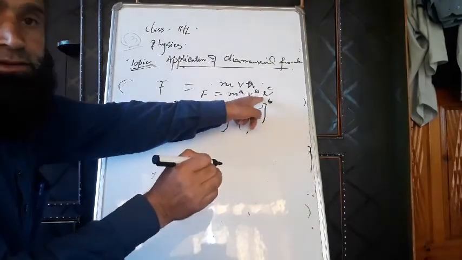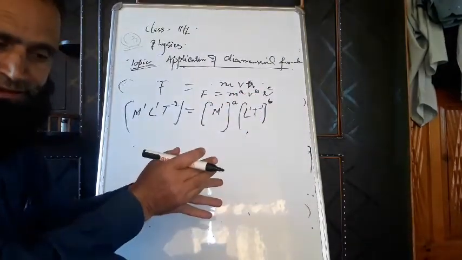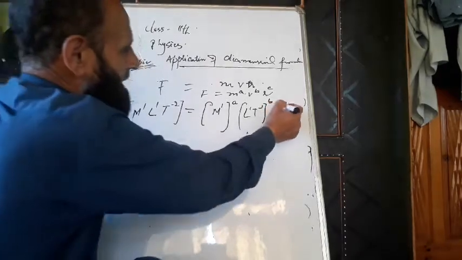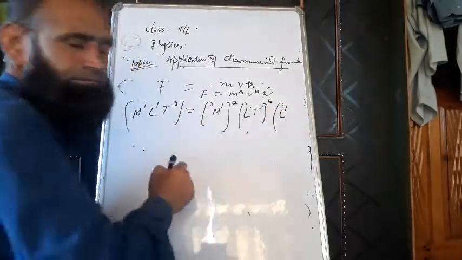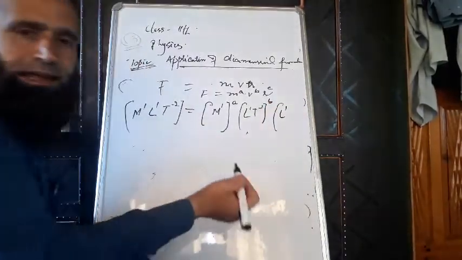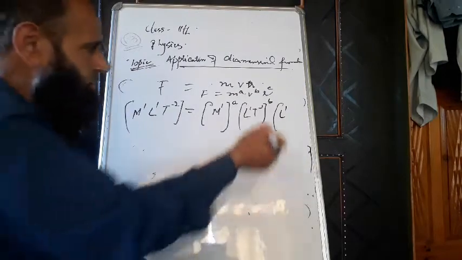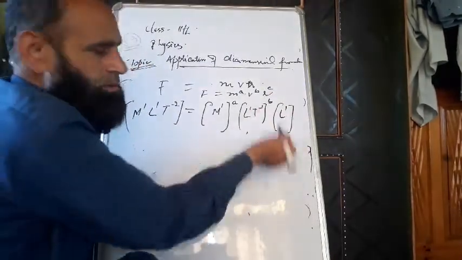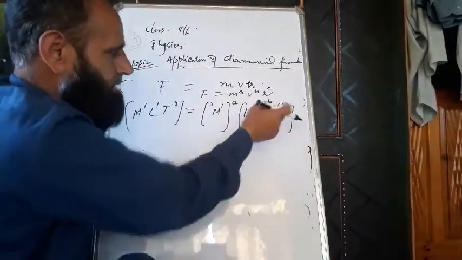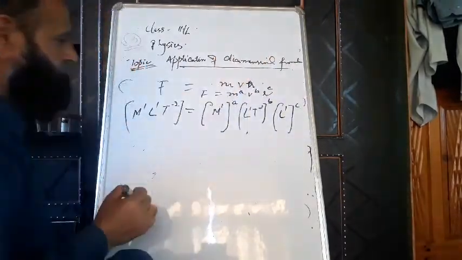For radius, it is also a length, so L1 with no mass and no time, M0 and T0, raised to power c.